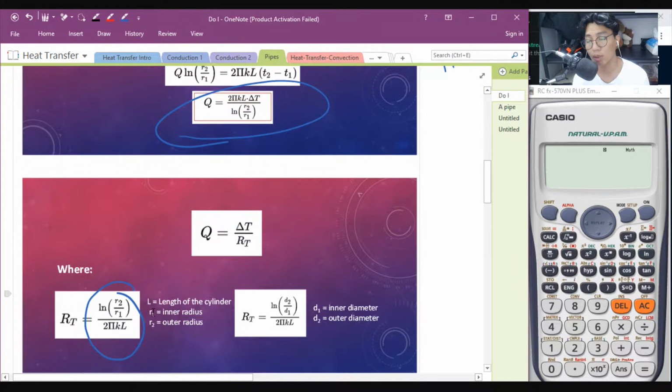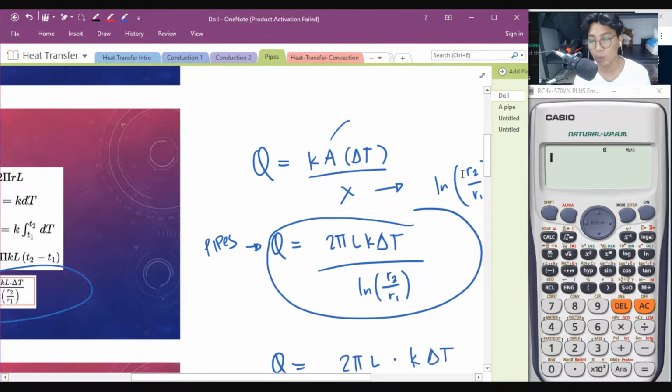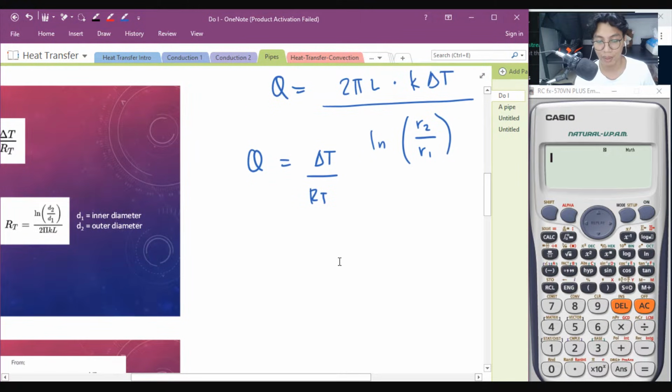Pag composite walls and then walls, that is X over K. Okay? Nirelate natin. Where nirelate nga natin itong ln nung natural logarithm of the ratios of the radii to X. Okay? Di ba RT is simply, take note, X over K. Okay? Dito natin babasihan yan.